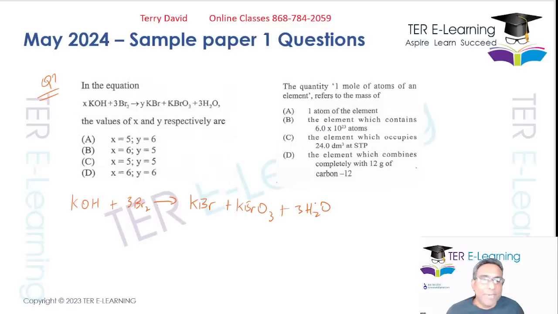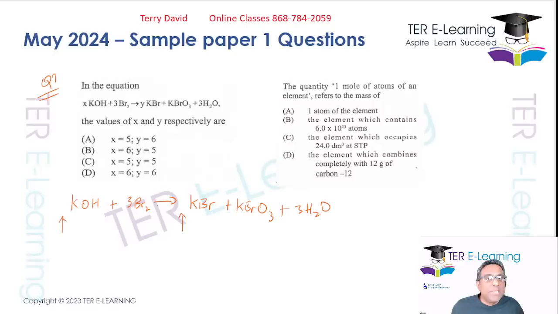This is the chemical equation here, and what we need to do is balance it. If you look at the numbers here, we only have two options: it could either be a 5 or a 6. If we look at the keys, where we have letters here, a lot of people in the chat are saying that the answer is, let's see.